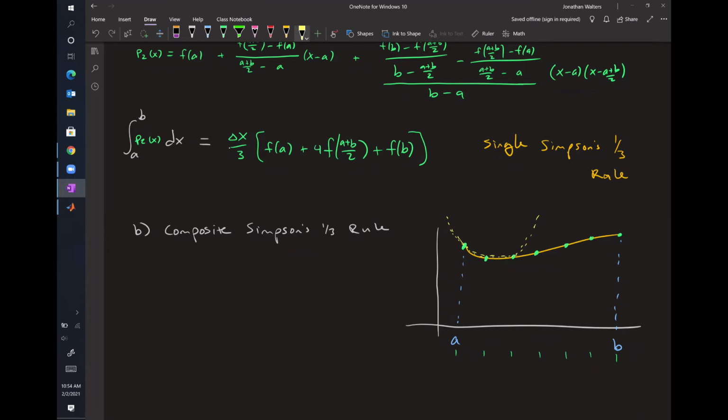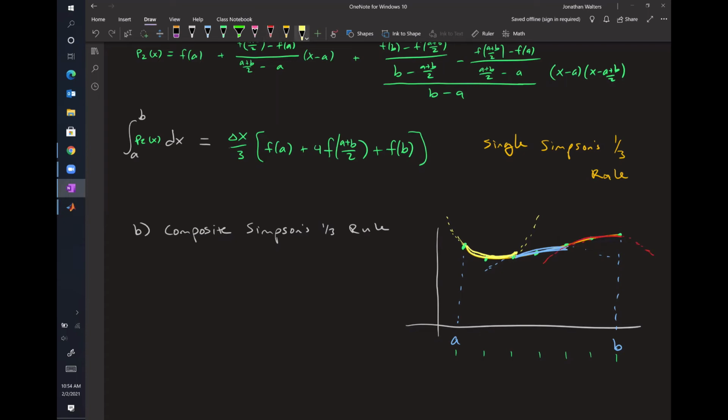And then the next 3 points would be a different quadratic function, maybe something like this, I'll draw in blue. And then the last one I'll do in red, as this quadratic piece.